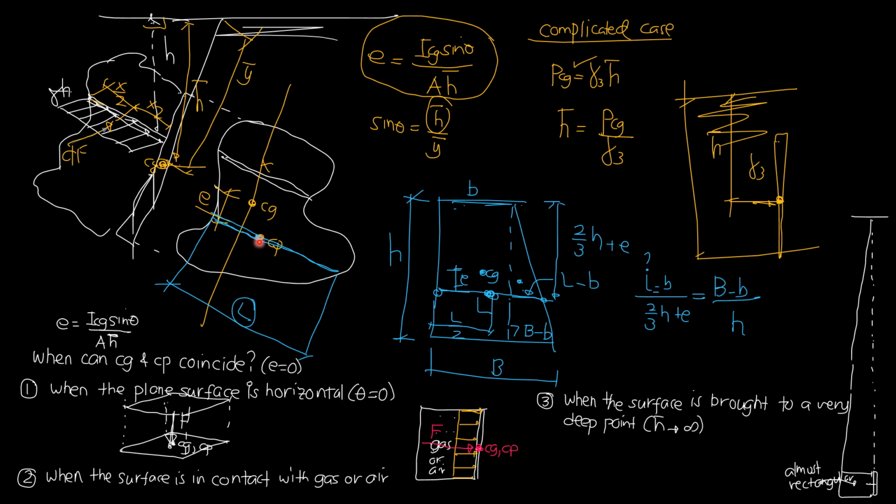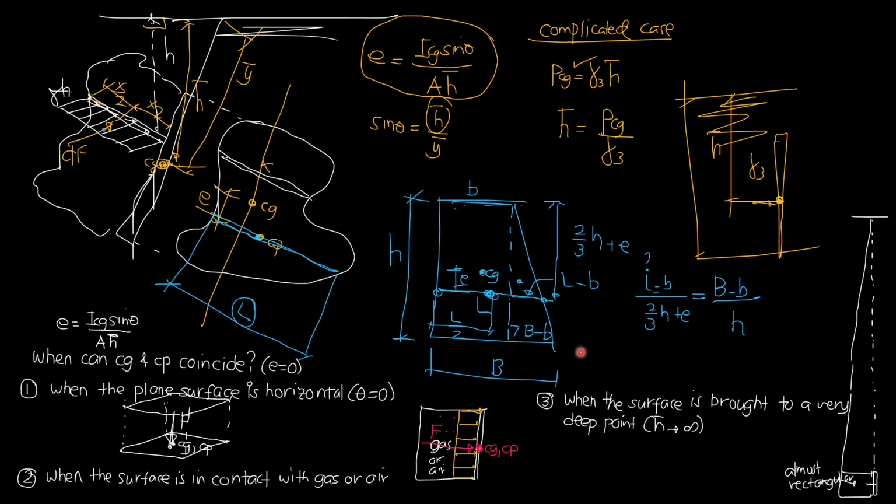So for instance, this is an area which is trapezoidal, and this is the centroid of the trapezoid. Of course, you have to break the trapezoid into two known areas so that it's easy for us to locate the centroid. So we break that into a rectangle and a triangle.